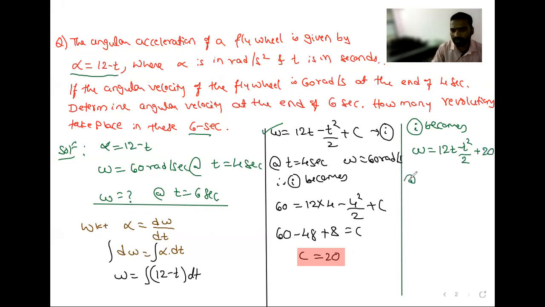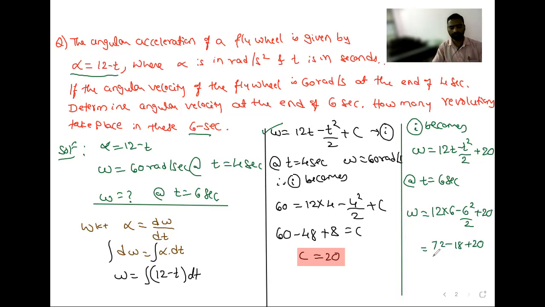Now at t is equal to 6 seconds, omega is equal to 12 into 6 minus 6 square divided by 2 plus 20, that is 72 minus 18 plus 20.